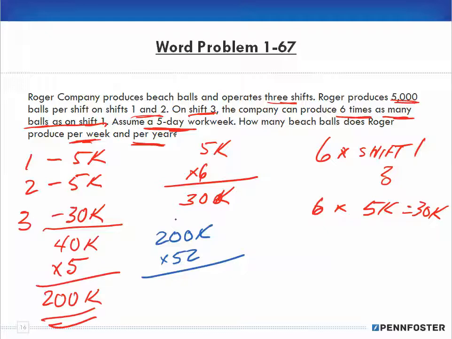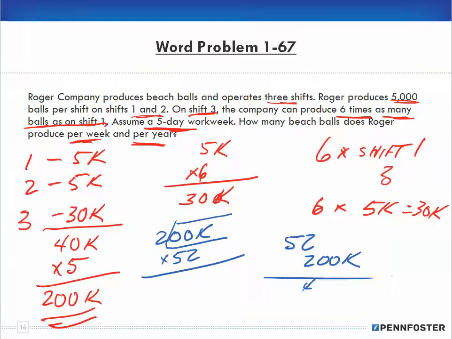Notice that in this 200,000, all of these numbers are zeros. So doing multiplication, the inverse of it ends up being the same thing. So I can actually take the 52 and multiply it by the 200,000 this way. Now notice what I'm doing. All I have to do is just 2 times 2 is 4, and 2 times 5 is 10, and then just bring down all of my zeros. And I end up with 10,400,000 is my answer.